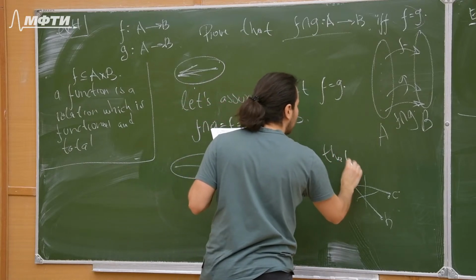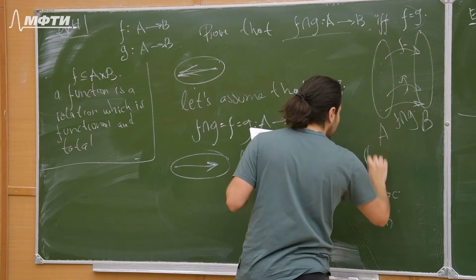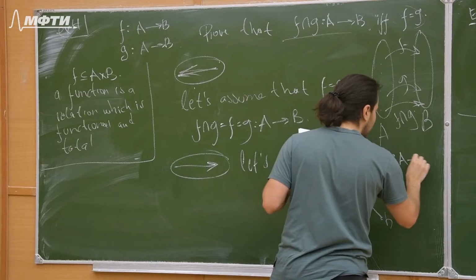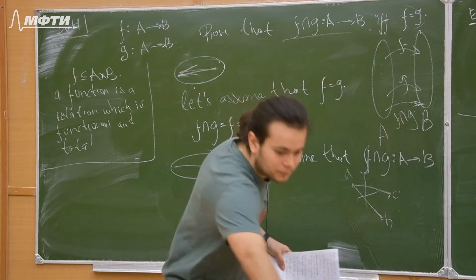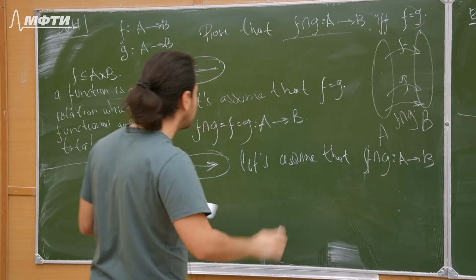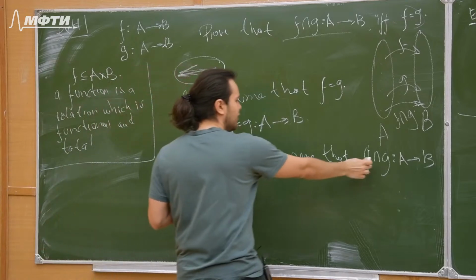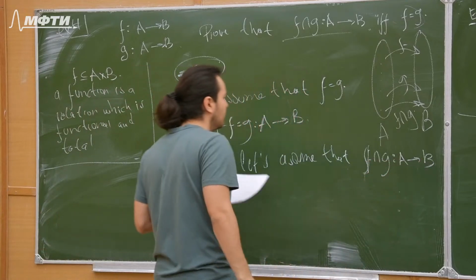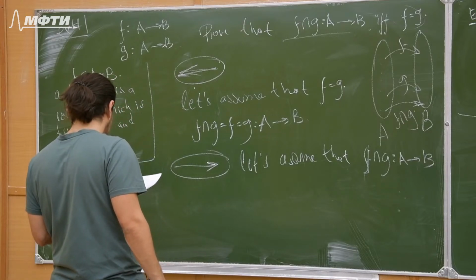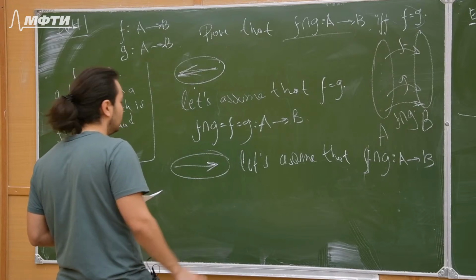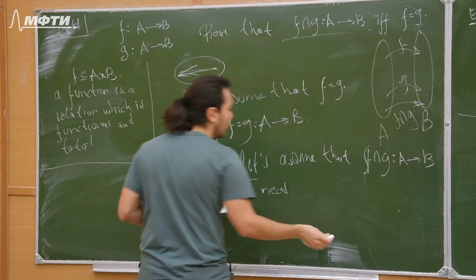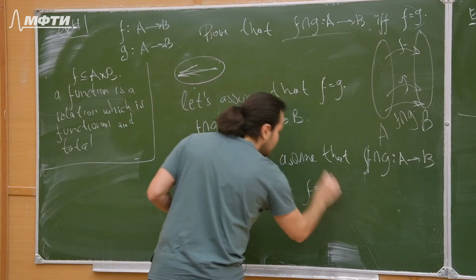So let's assume that the intersection of f and g is a function from A to B. We have to prove that f is equal to g.